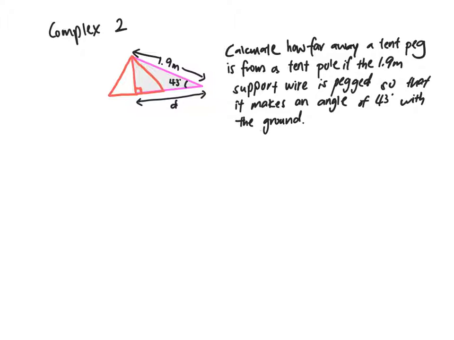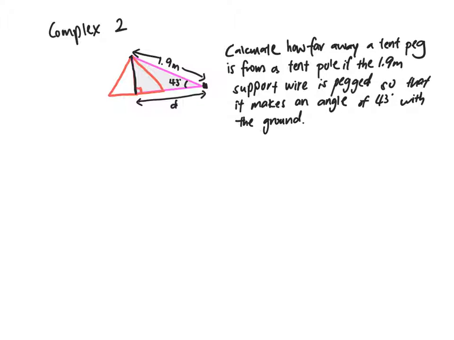The red color from here is the tent, and the peg is located right here. If you see the black dot, that is the peg, and that is the tent pole, to make sure the tent is actually holding.